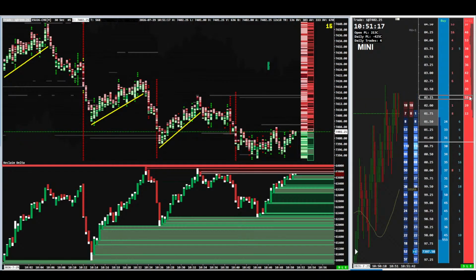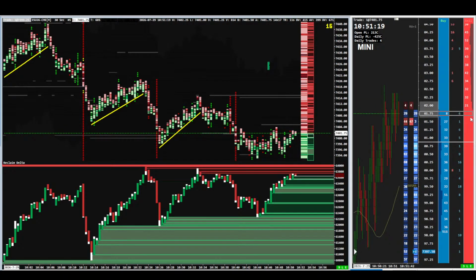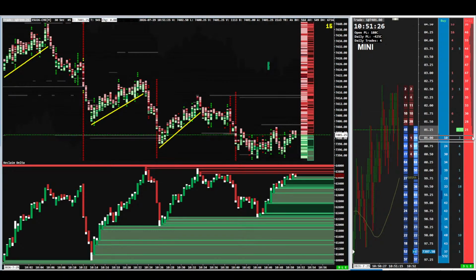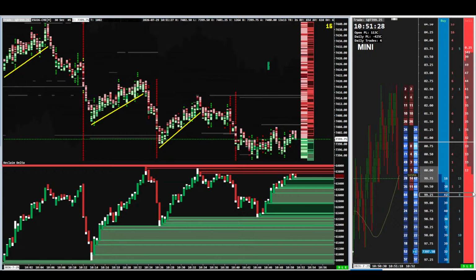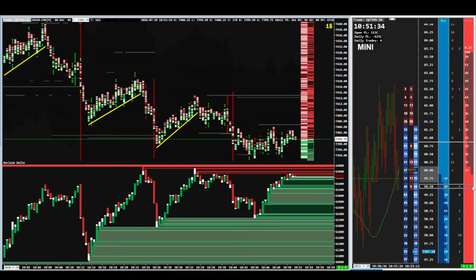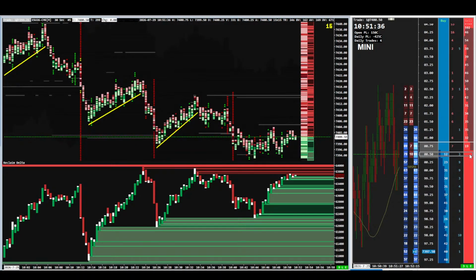Sellers coming in. What are you doing? Picked up a tick, was short, but the hang time as it goes up is intimidating. And there's a lot of fresh selling that just came in too.